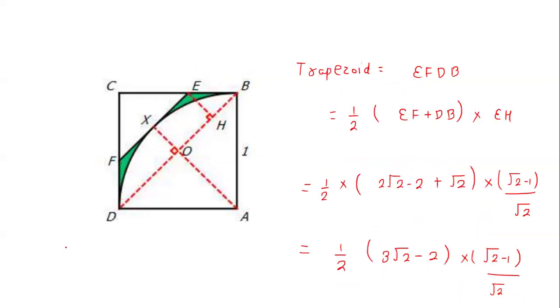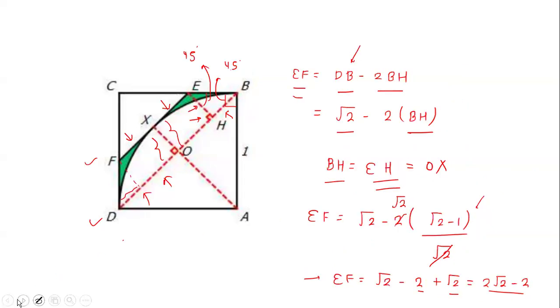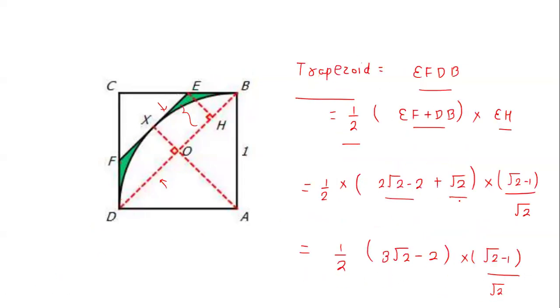So now we can easily find this trapezoid area EFDB. It is half times this EF length plus DB length, multiplied by the perpendicular height between them, which is EH. So EF we calculated as 2 root 2 minus 2, and this DB length we know, which is the diagonal, which is root 2. EH length is root 2 minus 1 divided by root 2. So this is 3 root 2 minus 2, and this is this. Here you can take root 2 common.